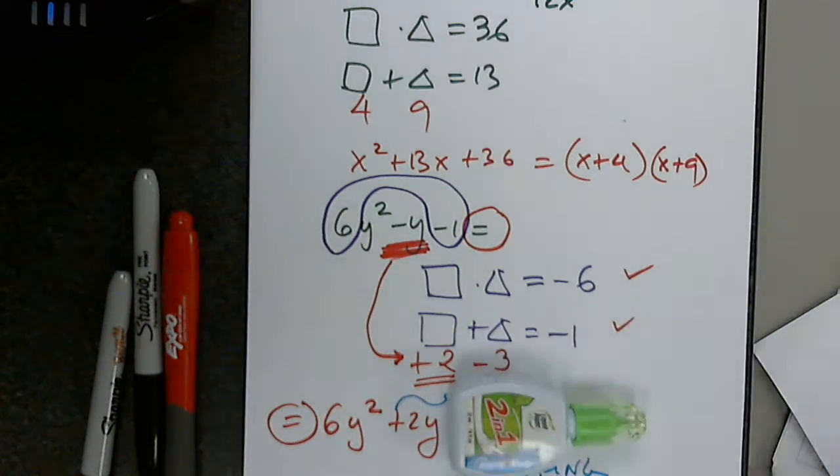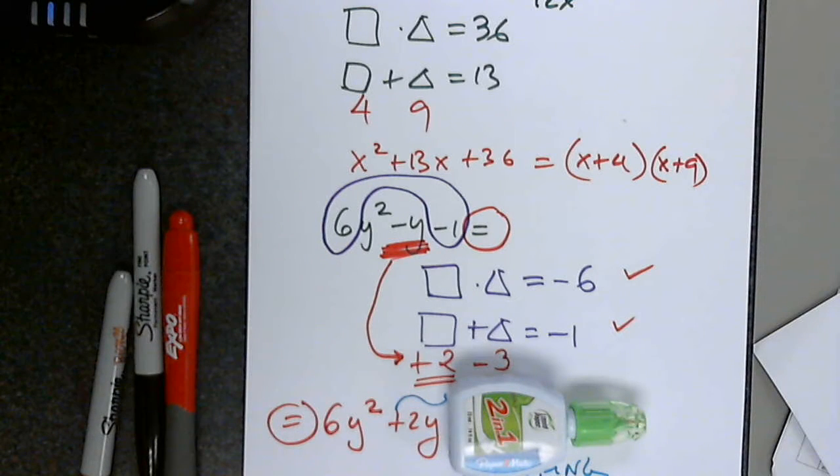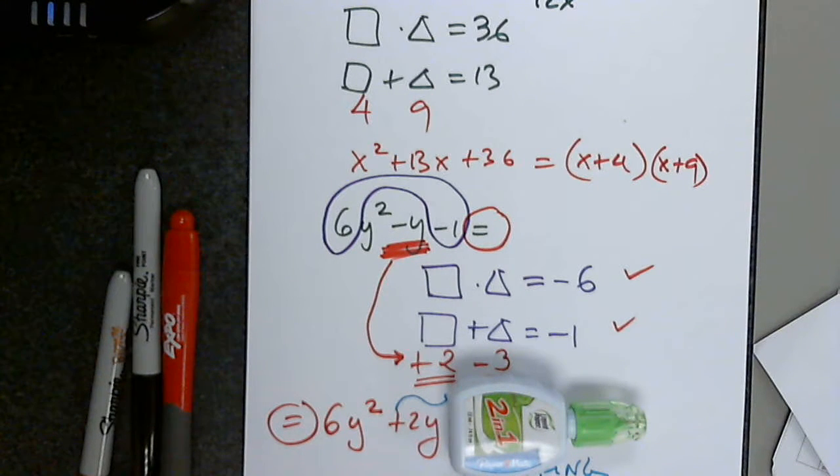I covered the last two terms, and I'm going to ask you, if you had only these two as a binomial, what would you factor out? Very good. What is left in parentheses? Careful. 6 plus y. Careful.